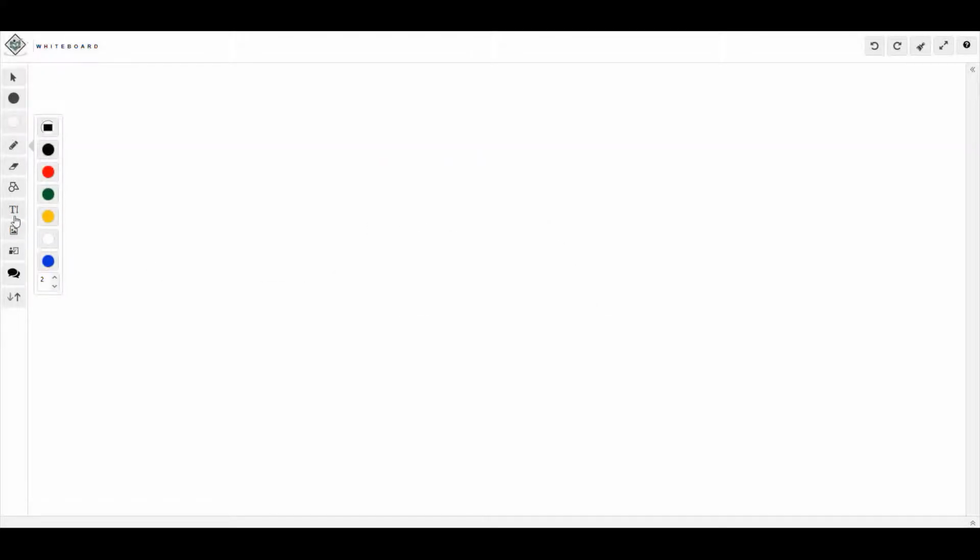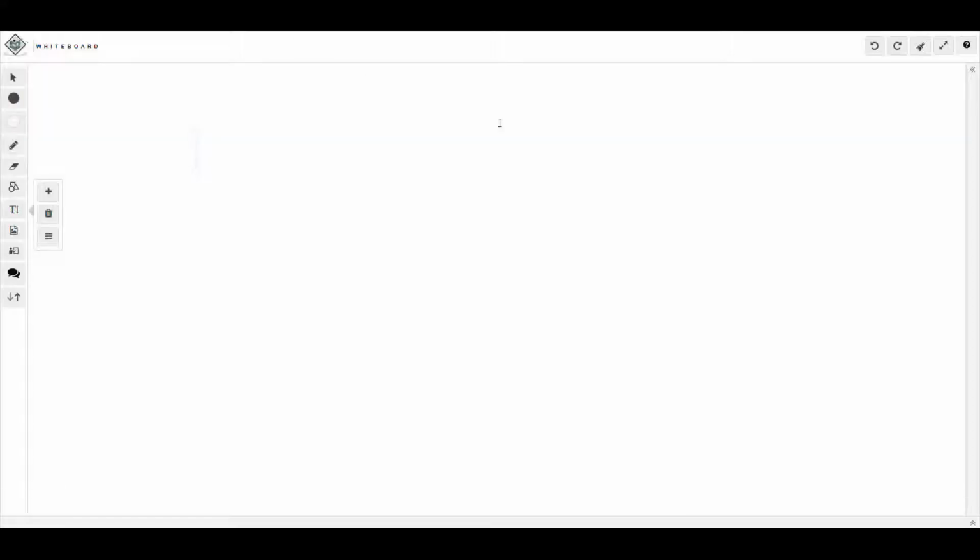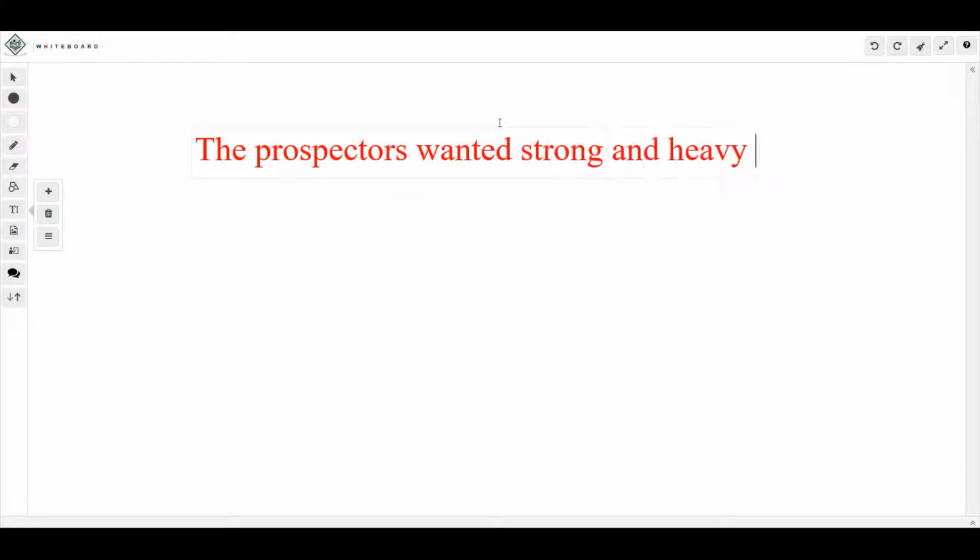Yeah, let's see. Put this here. Okay. All right, let's check the next sentence. The prospectors wanted strong and heavy dogs. All right.